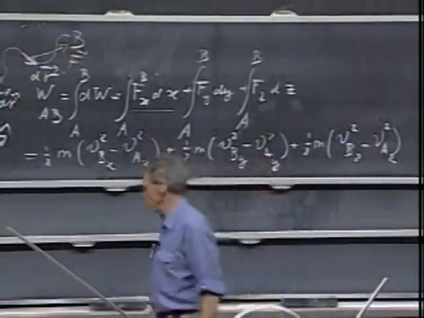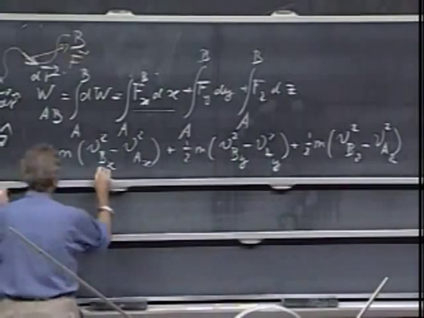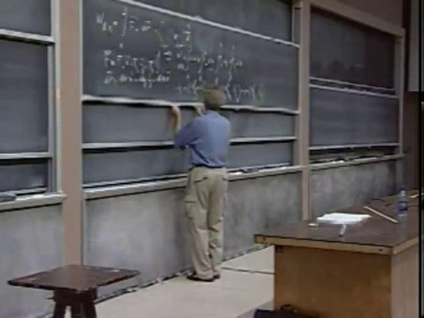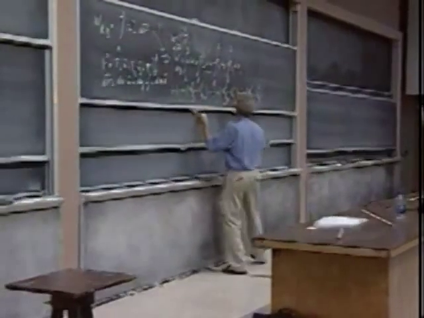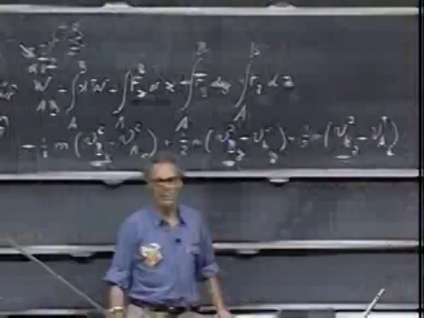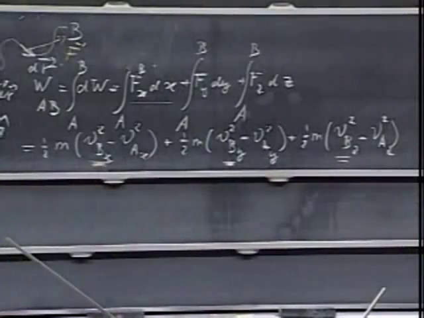And now we're home free, because what you see here is v squared in the x direction, v squared y component, v squared z component, and if you add those three up, you get exactly the square of the velocity. You get the square of the speed.